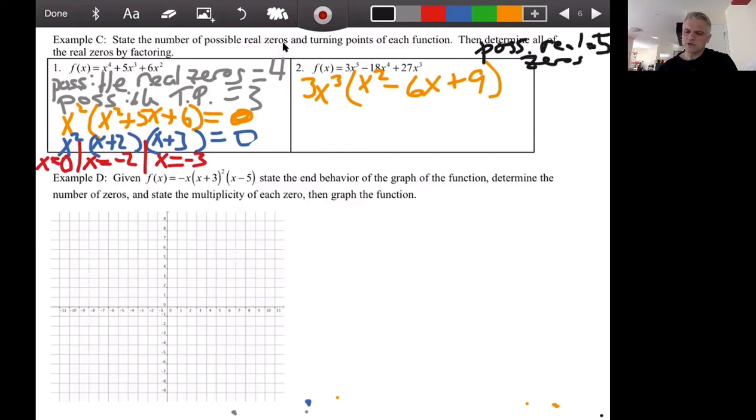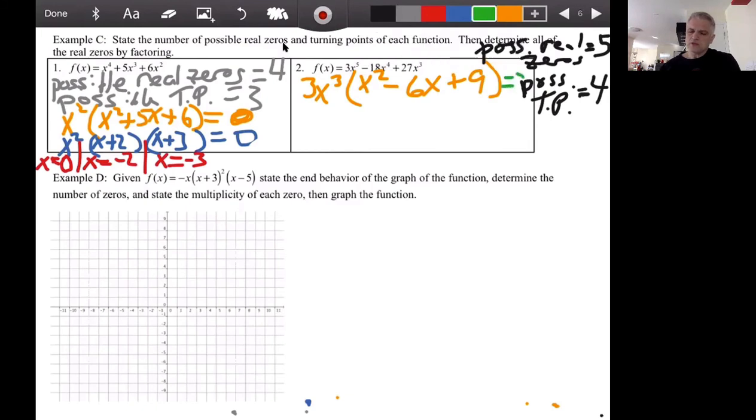It's an equal sign. It's not negative. I don't want to make it look negative. It's 5 equals 5. There we go. Okay. Possible turning points. It's going to be 5 minus 1, 4. Every time.